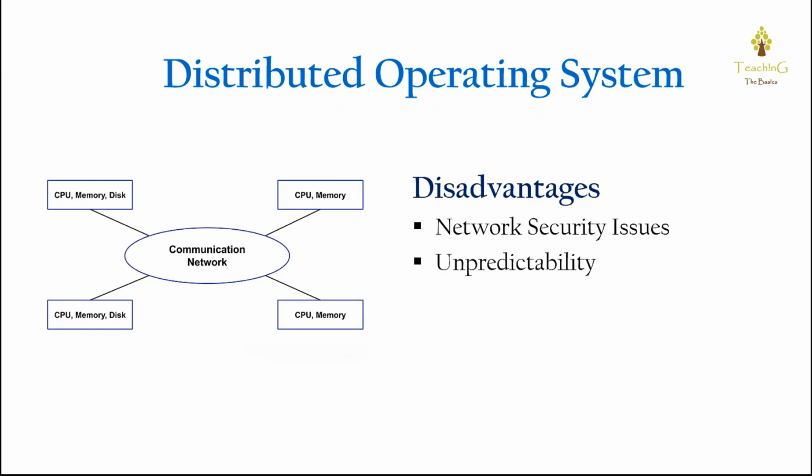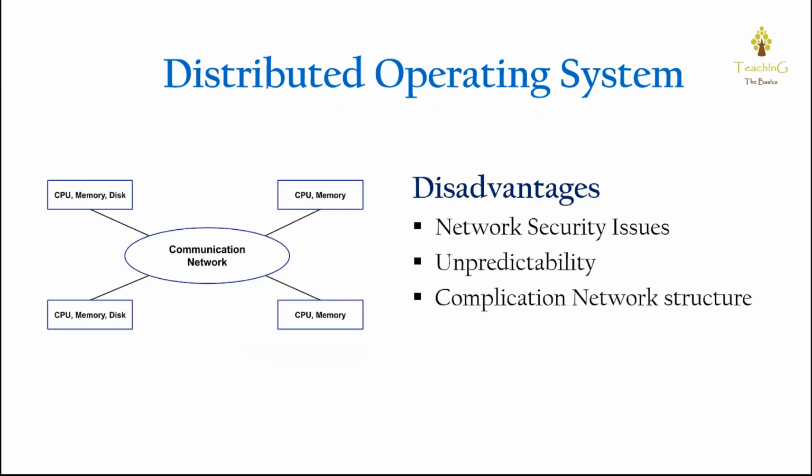And then it is unpredictable. Unpredictability is another disadvantage, as all of them are free to work in their own way. That is one of the reasons, as all the individual systems are loosely coupled, that leads to unpredictability.